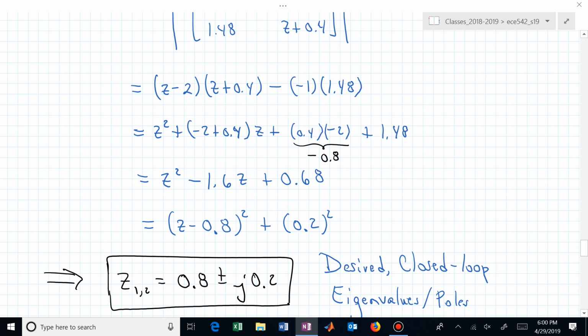I now know exactly where those poles are. Or if you don't see that, you can simply apply the quadratic formula and determine that the two roots to that second order polynomial are complex conjugates of each other, and those are the desired closed loop poles that we were after.